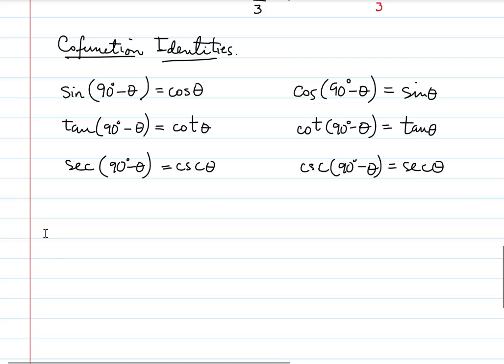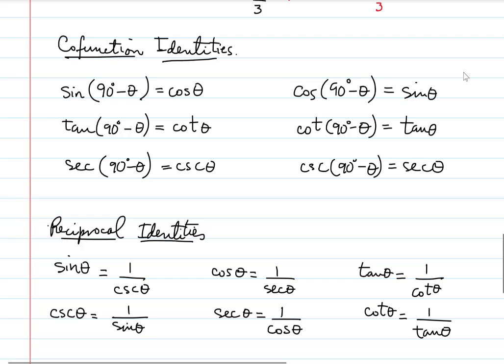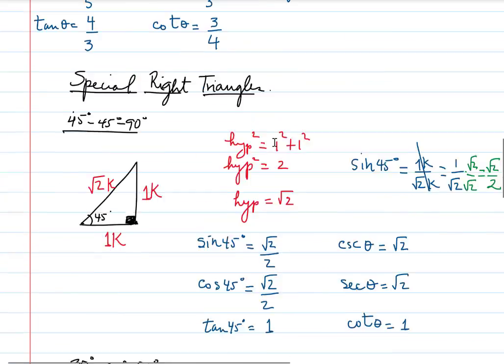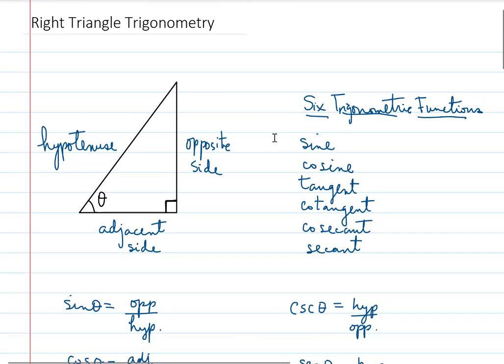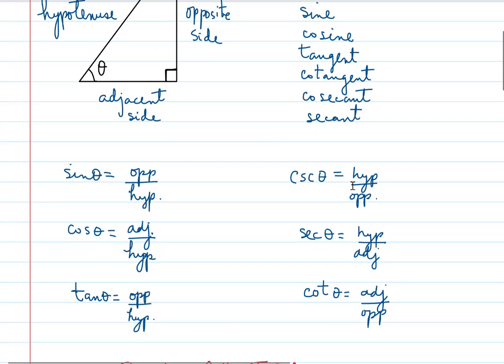So for instance, reciprocal identities. Okay, so there we have them. These are pretty straightforward, guys. I mean, from the beginning of our definition, we wrote them in this way so that you will see sine is the reciprocal of cosecant, because their ratios just are reciprocal of each other.